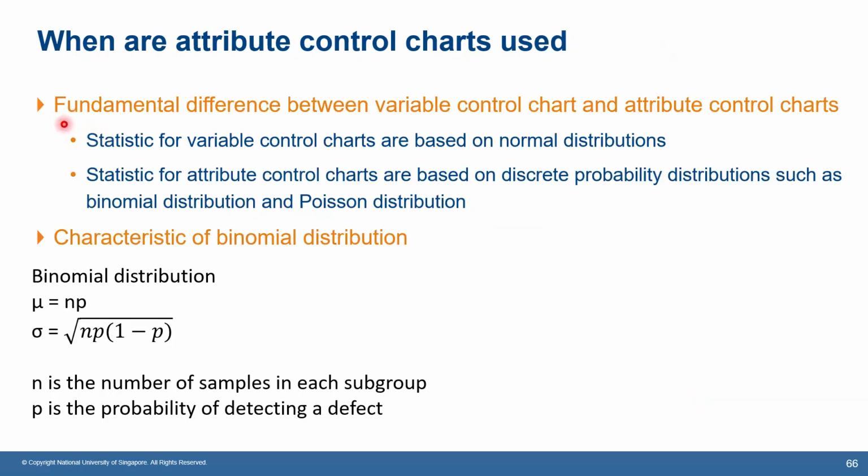So there are some fundamental differences between variable control charts and attribute control charts. As we saw, variable control charts use continuous variables, so you use a normal distribution as the underlying statistics. But for attribute control charts, because they are discrete probability distributions, you will use either a binomial distribution or a Poisson distribution.